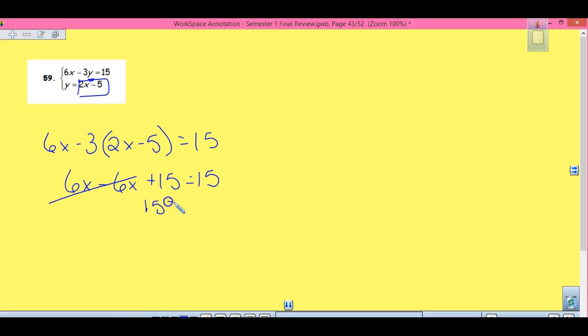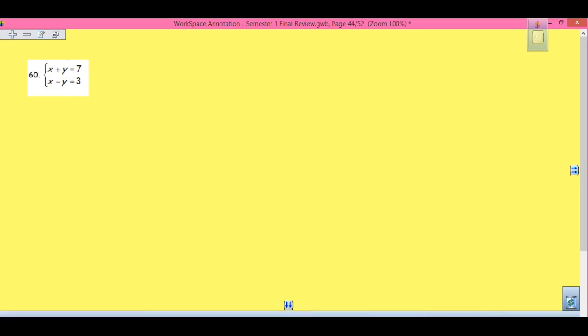Cancel. 15 equals 15, which is true, so we get all real numbers, or in this case, infinite solutions. Yep. Because that's part of what we've learned so far. And that's what you're being tested on, is what have you learned.